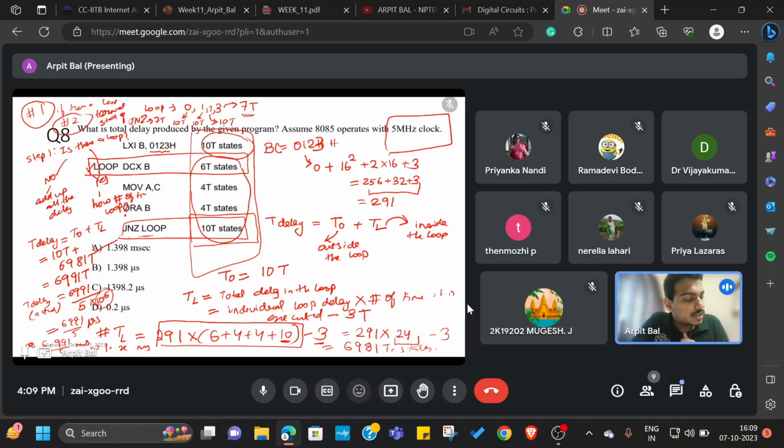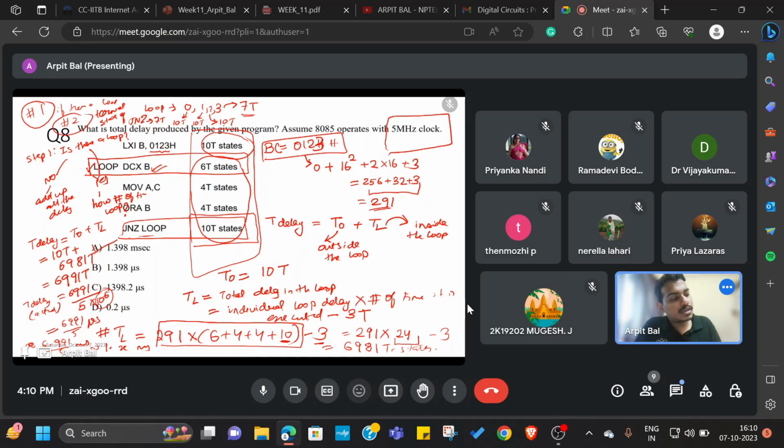And we saw that it depends on the value of BC. The BC register was containing 0123H, and I converted it into decimal for easier calculation. So it is going to get executed 291 times, and after figuring that out, we figured out the total delay associated with the loop itself.